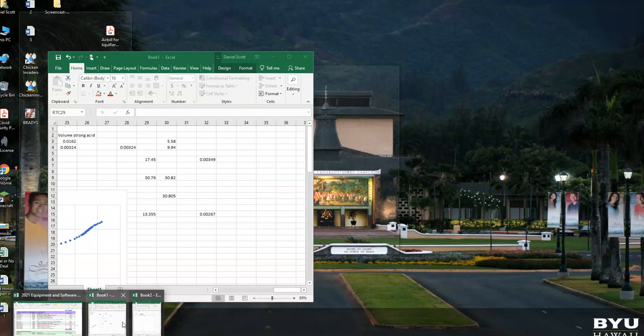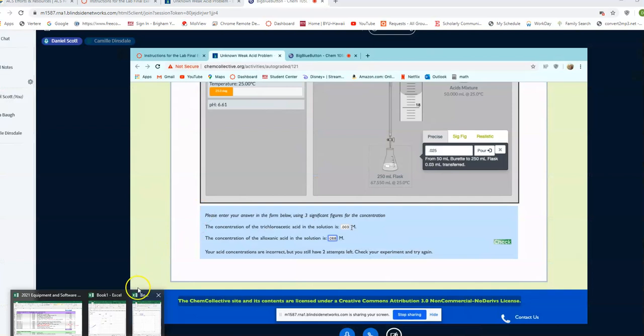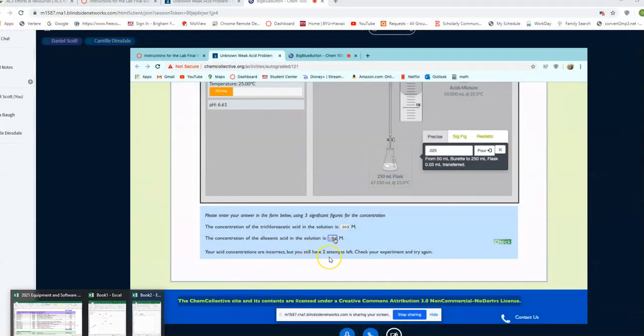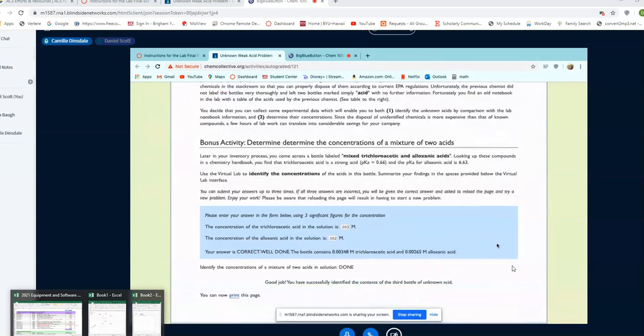Yeah. What about 17.45? That would give us 0.00349 and 0.00267. Try it. 267. Yeah, and try it. Oh, yay, praise the day. We got it.